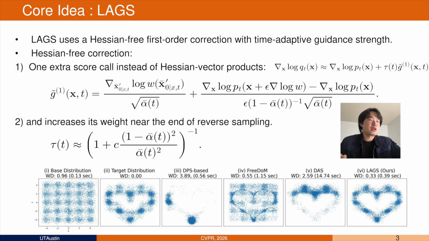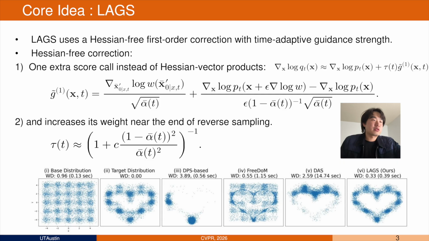So our method is called LAGS, which stands for Lightweight Approximation with Guidance Scheduling. The target score can be approximated as gradient log q, which is the sum of gradient log p plus g tilde. The first term comes from the pre-trained diffusion model, and the second term is guidance from the weight function.